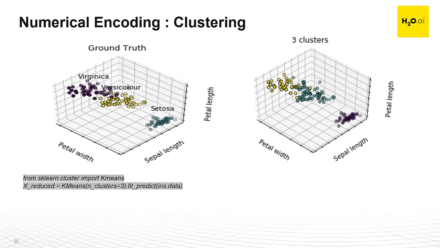Without knowing the target information, just by seeing which rows should be more similar to each other, and by comparing the rows together, I can create a representation that seems to be quite close to the actual distinct classes that I have in my target variable. So you can see how you can derive information that might be useful for modeling, even without providing information for the actual variable that you want to predict.